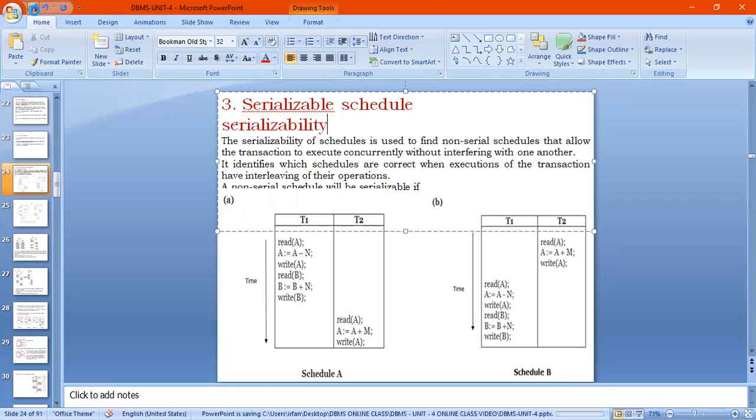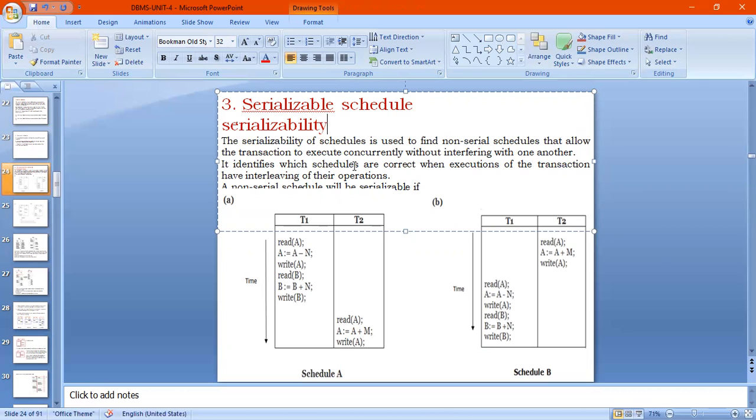The serializability of the schedules is used to find non-serial schedules that allow the transactions to execute concurrently without interfering with one another.